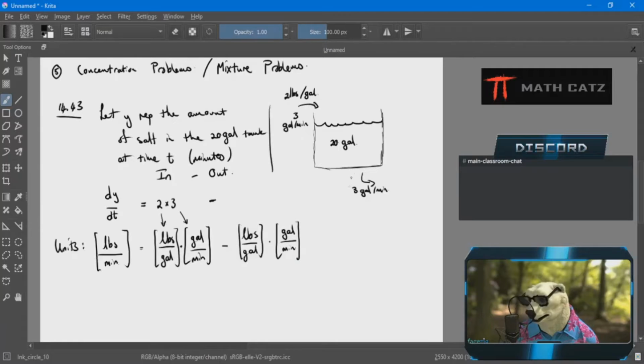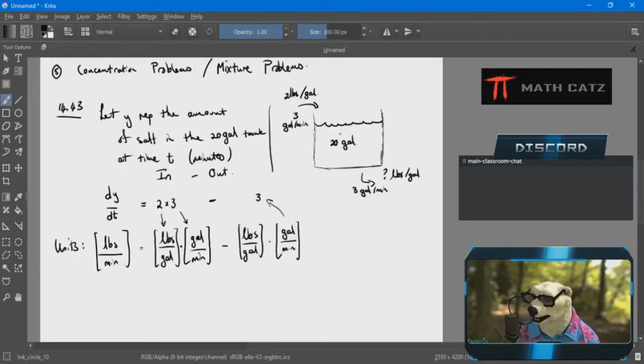So now what is leaving here? Sure, okay, the 3 is going to be the gallons per minute that is going out, sure.